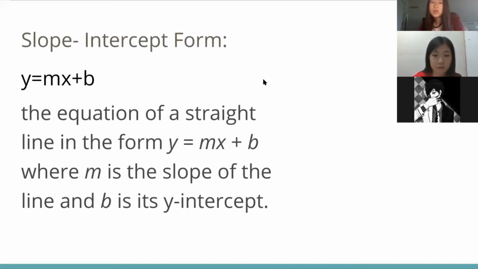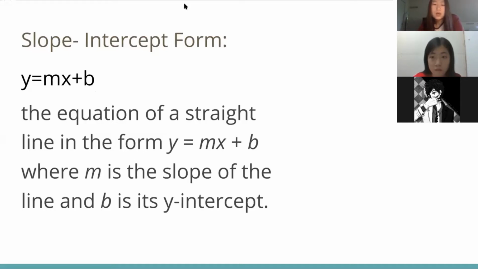Okay, slope-intercept form is basically a very basic formula we can use when we're writing a linear equation. We're gonna talk about these formulas, don't worry. So basically y equals mx plus b. y and x are the variables on the line, and it is the equation of a straight line in the form y equals mx plus b, where m is the slope of the line and b is its y-intercept.